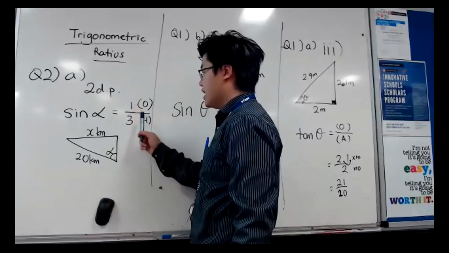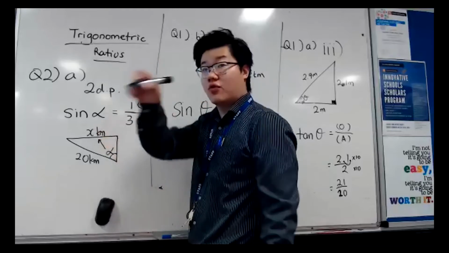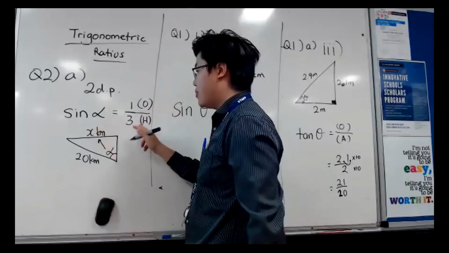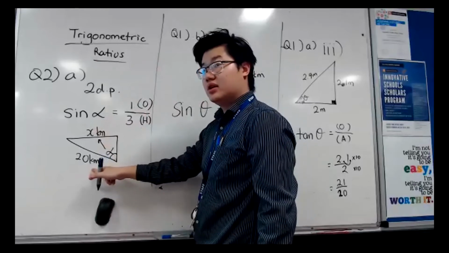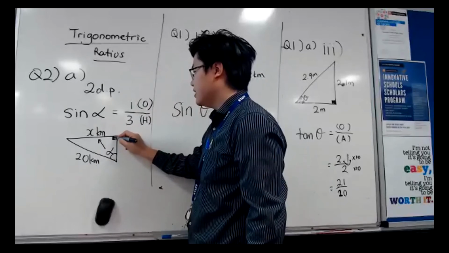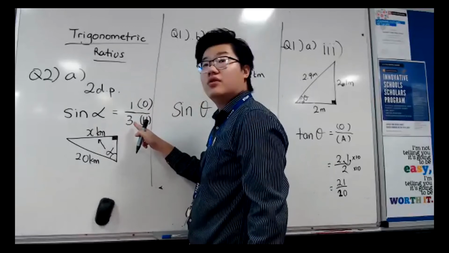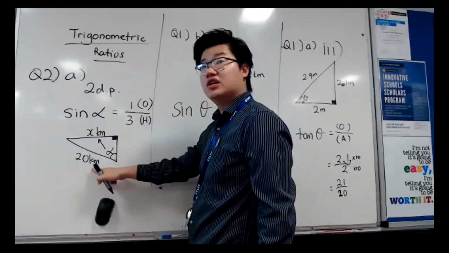Do you have opposite? No, that's what you're looking for. Now, have you got hypotenuse? Yeah, 20. So 3 is how much? 20.